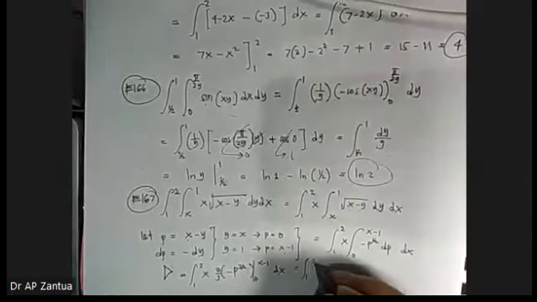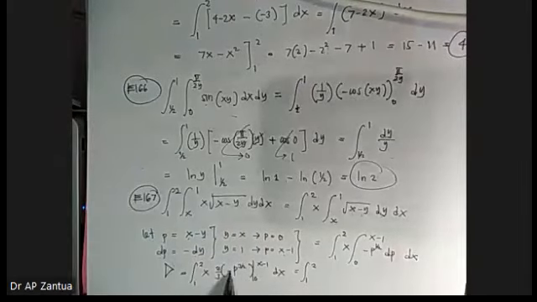Okay, if you substitute 0, this will become 0. Therefore, use the upper limit alone. So negative, you can put the negative outside, right here.